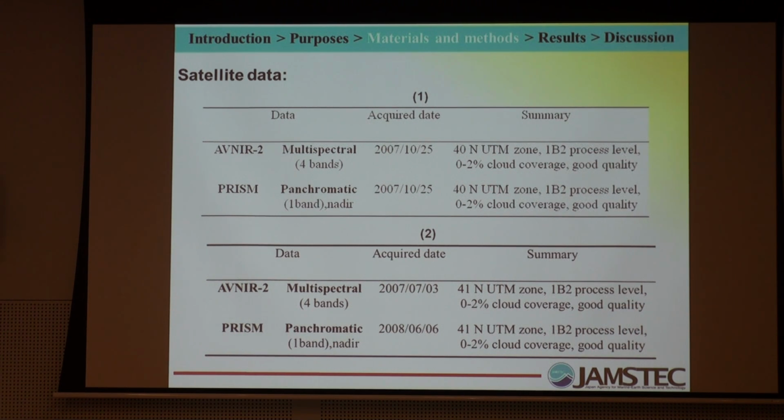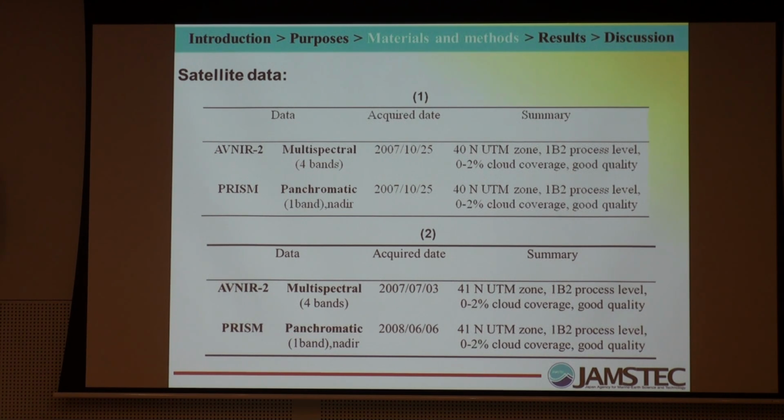In this research, we use ALOS data, two sensors of the ALOS satellite. Multispectral is 4-band with a 10-meter resolution on the ground, and panchromatic is a high resolution with 2.5 meters on the ground. You can see the summary of this data, located in UTM zone 40 north. The processing level of this data is 1B2.